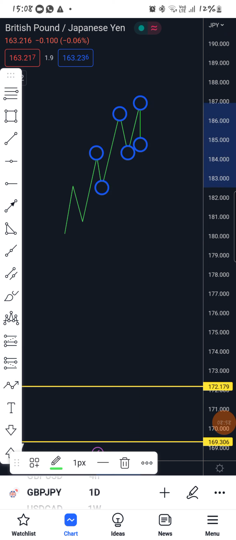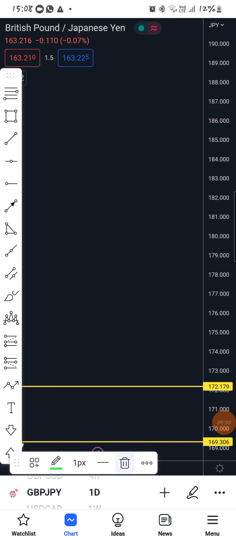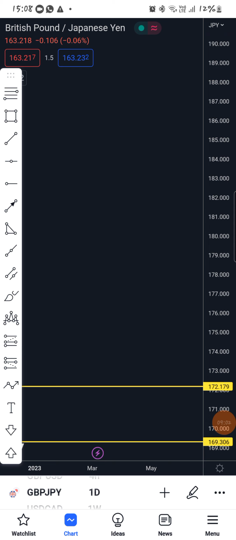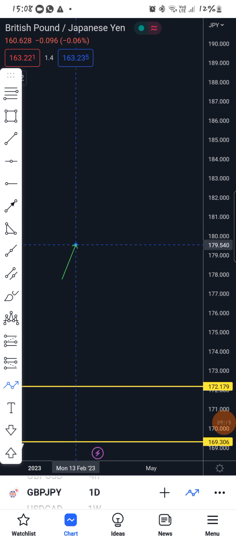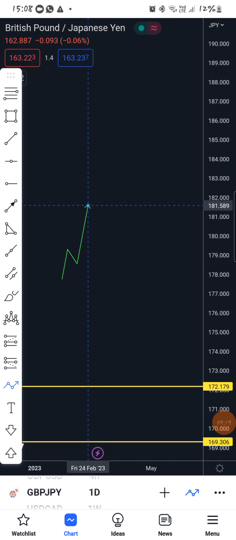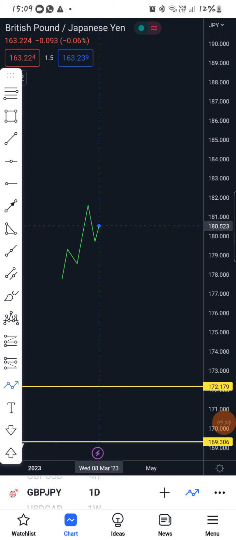Let me remove all this and try to explain how the market moves these days. The market is still doing the ups and downs, the uptrend and the downtrend. So it moves like this, it goes all the way up, comes back, and makes something like this.